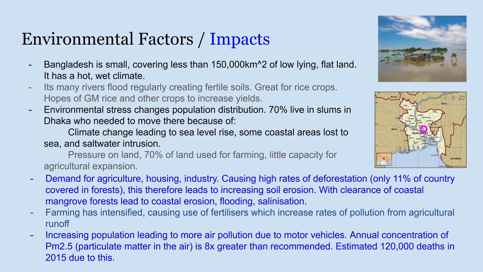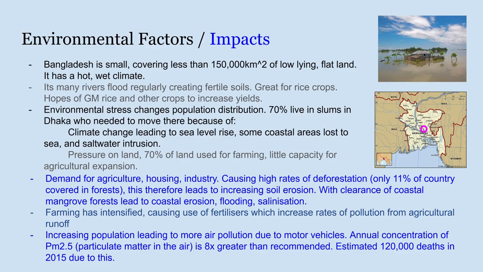So farming has intensified, meaning that in a small area they use a lot of fertilizers and heavy machinery, which has increased the rates of pollution from agricultural runoff.